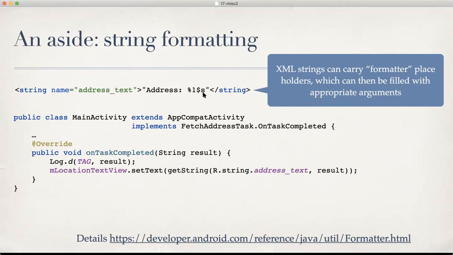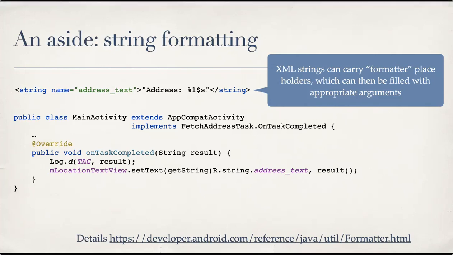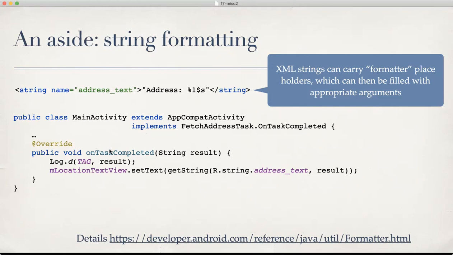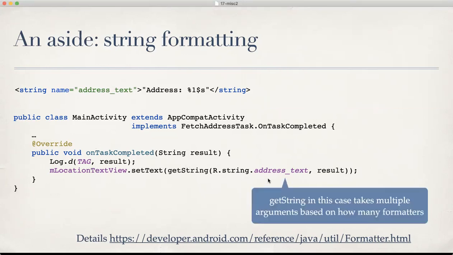Here s stands for string, d stands for int, t stands for timestamp, etc. And here you will see the getString takes multiple parameters. First one is the formatted string, and then as many additional parameters as there are formatter placeholders. Okay, I'll leave the details for you to read. This is where you can get them.